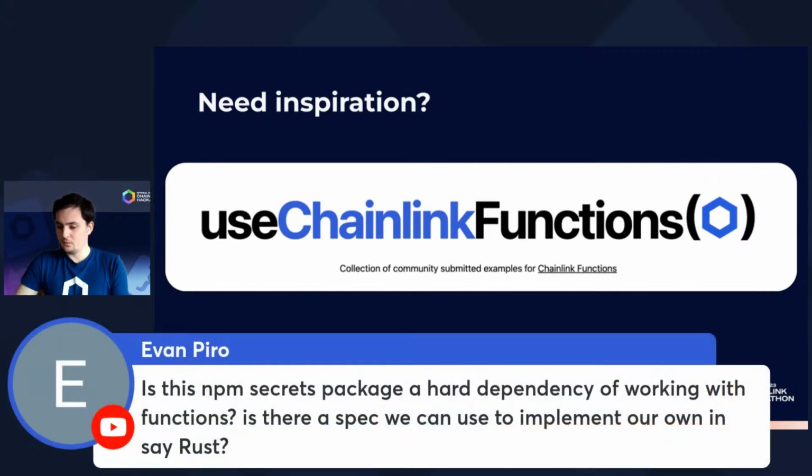Okay, we have a couple of questions. Is this npm secrets package a hard dependency of working with Functions? Is there a spec we can use to implement our own in, say, Rust? For this example that I'm going to show you, it is mandatory to be there.